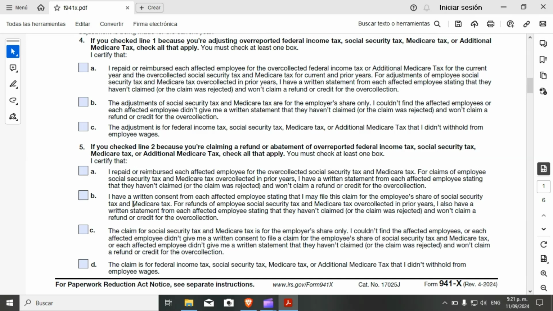The second option is you have a letter from each employee saying that you can file for their refund, claim their refund, and that they won't make a claim over the same taxes that were taken out illegally. And then the assumption there is that after you receive that payment, you would distribute it to your employees.